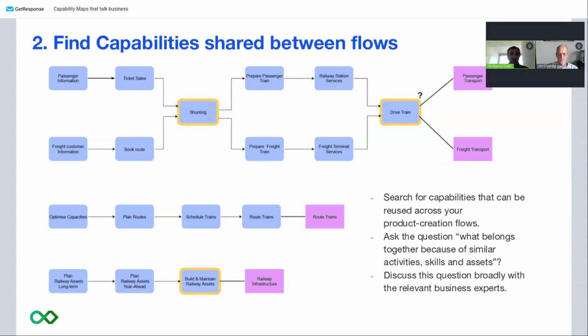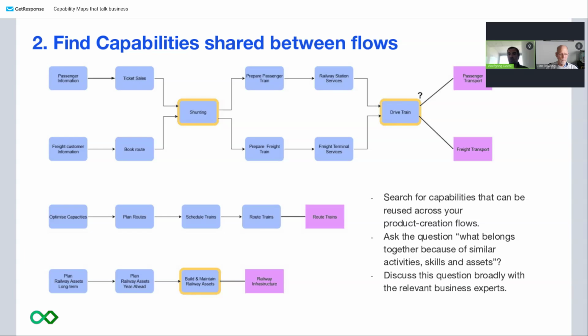Do we need the same people with the same interest, or is driving a passenger train very different from a freight train? You need deep business knowledge to discuss that and find that out. But it's an important question, because the further enterprise design very much depends on your answer, and you must answer that as the CEO, as the top head of enterprise design, if you want.